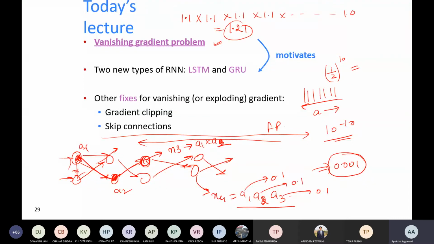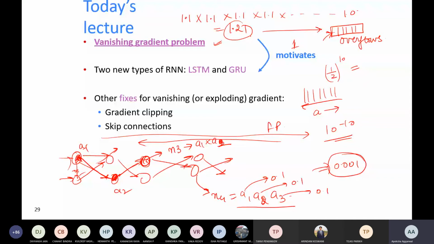Up till, suppose you are multiplying it 10 times, it converts to a very large number that is not able to be stored in your memory. So your memory overflows, because you are not expecting such large values in the gradients. You are expecting values not that small, but around 1.